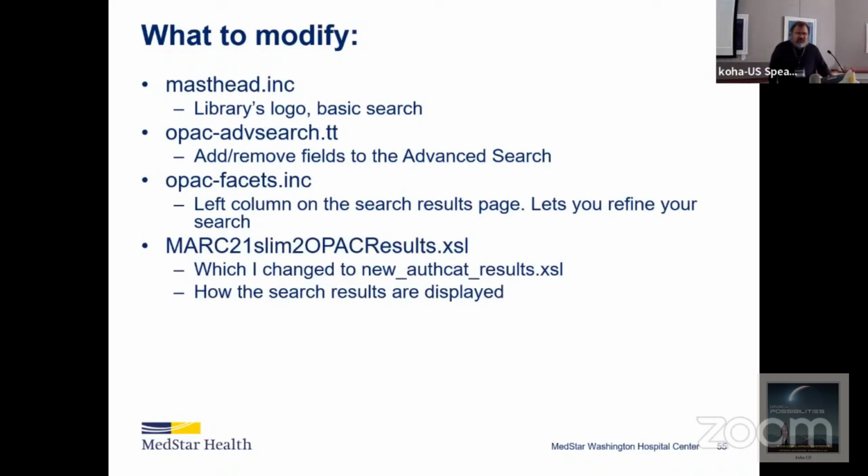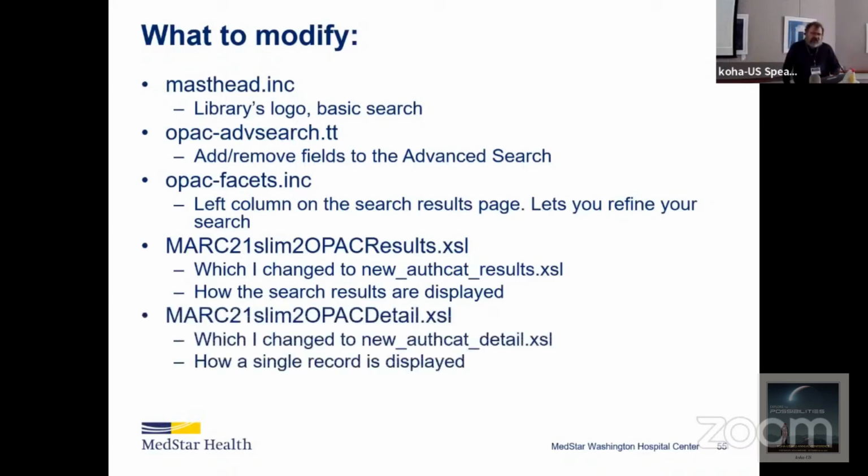You can change its name. I'll get to that in a moment. That's how the search results are displayed. And MARC21slim2OPACDetail.xsl. And of course, this is Ubuntu. Linux is case sensitive, so you have to have everything exactly.